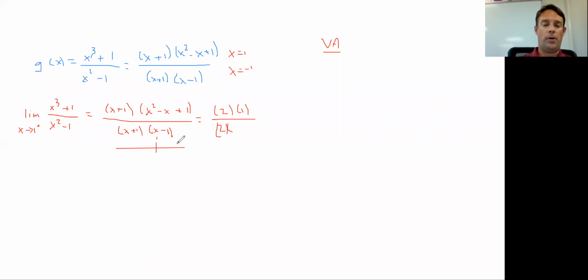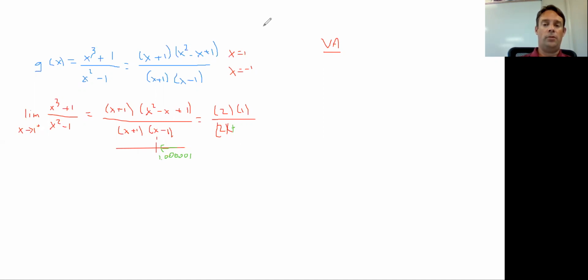If I'm coming from the positive side, that means I'm coming from this direction over here. So that'd be like 1.0000001. It's going to be slightly up the positive side of 0. So that means this would be a positive small number there.